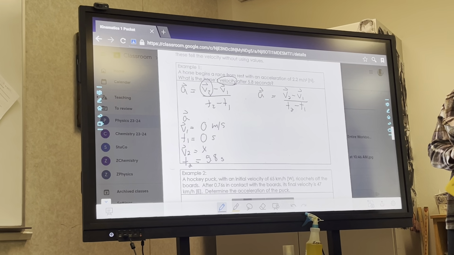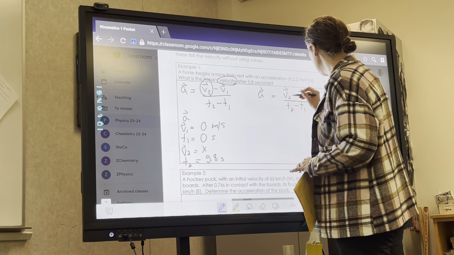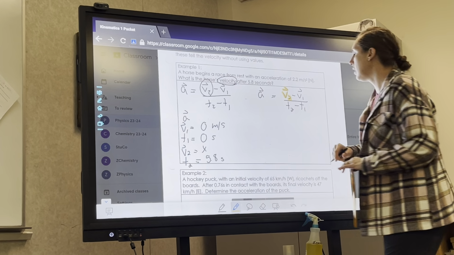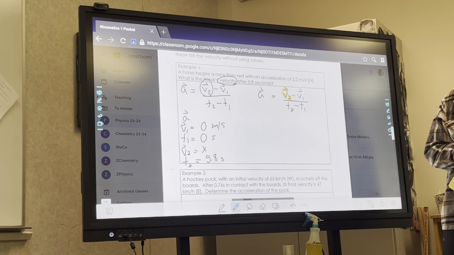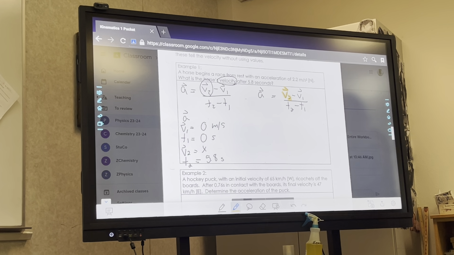How do we get V2 by itself? What do we want to get rid of first?